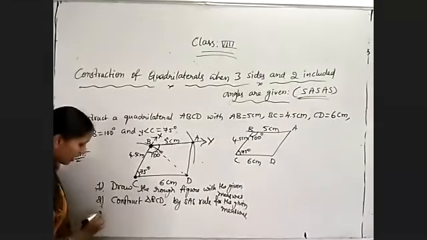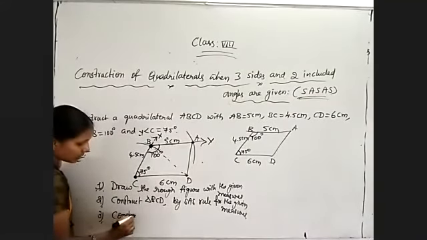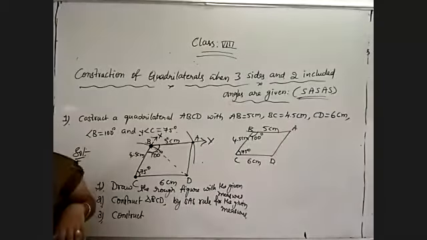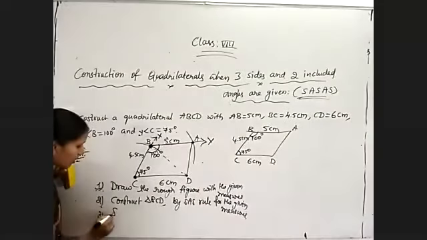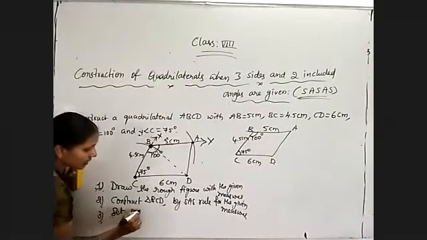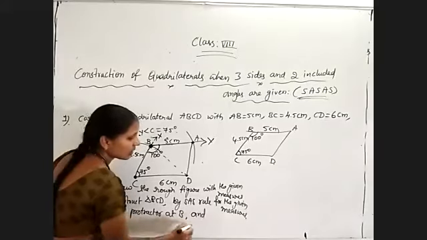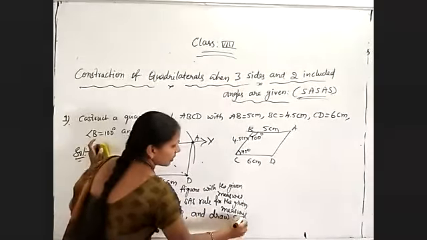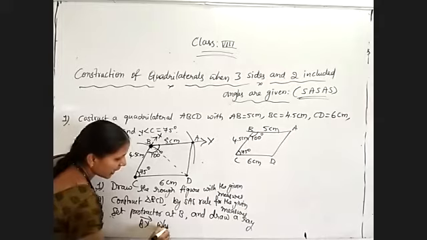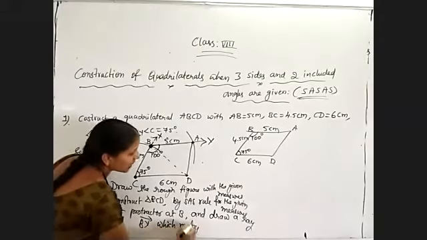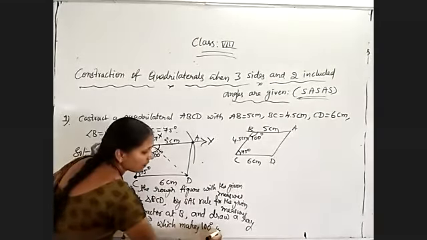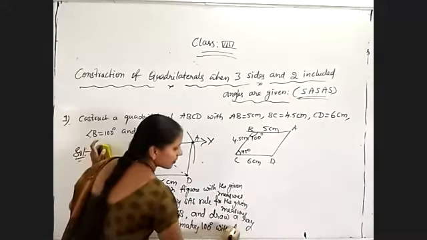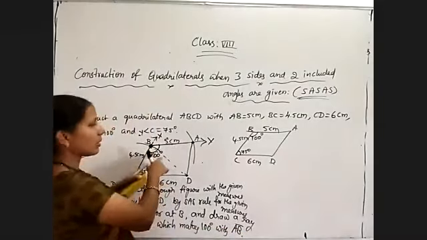So for that, first of all, construct angle B: set the protractor at B, and draw a ray BY which makes 100 degrees with AB, line segment AB. That's all. Angle B we have constructed.